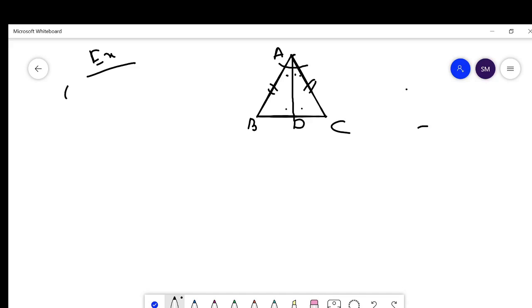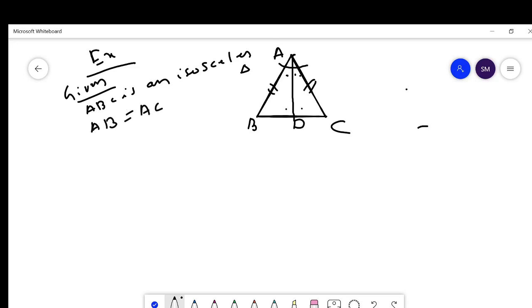Then here are the given conditions. What is given here? Given: ABC is an isosceles triangle, this means side AB is equal to side AC, and AD is the angle bisector.